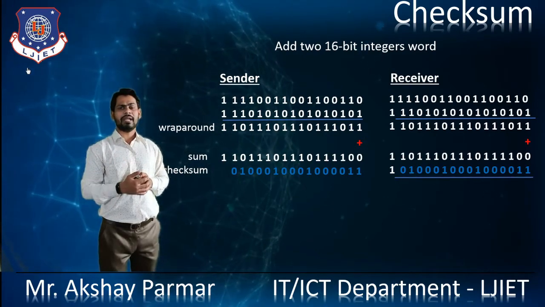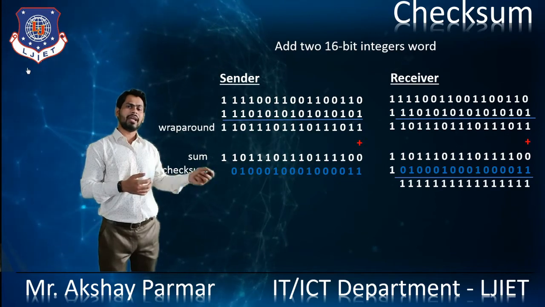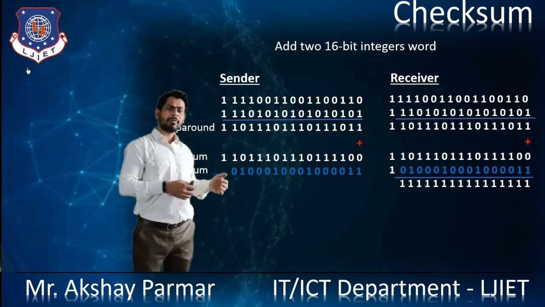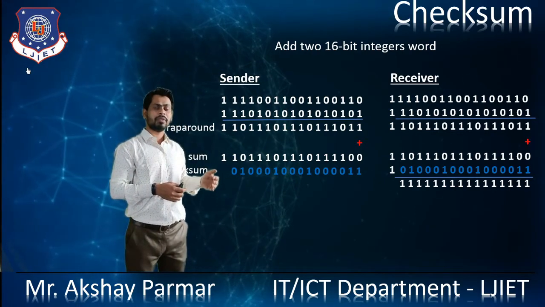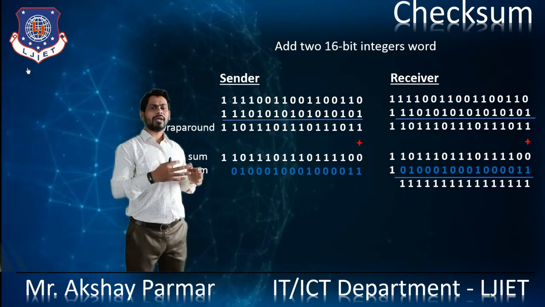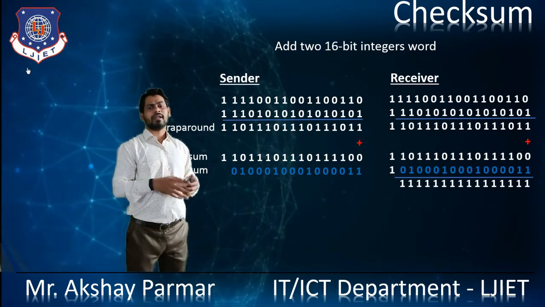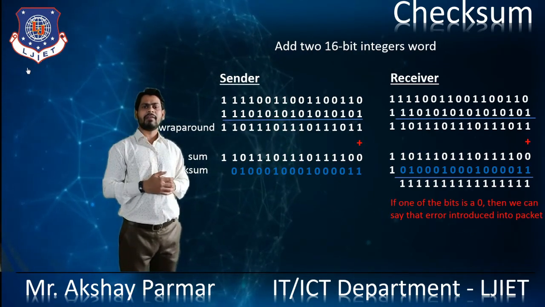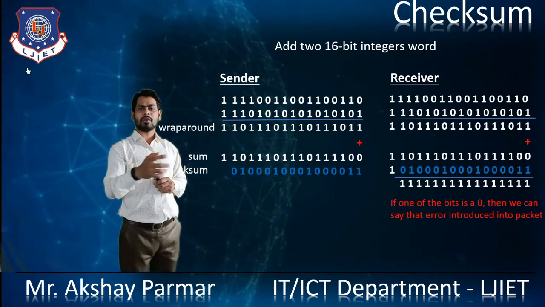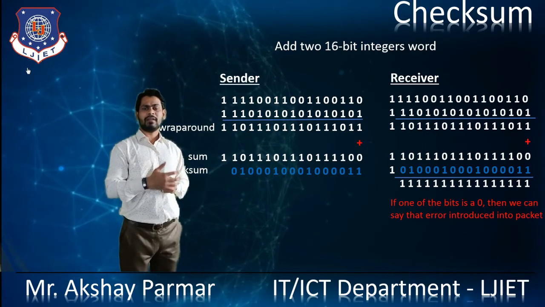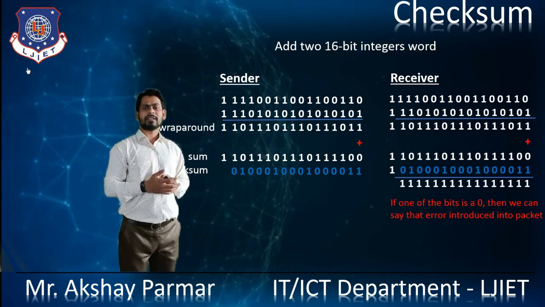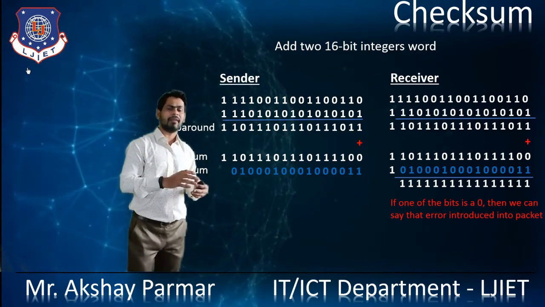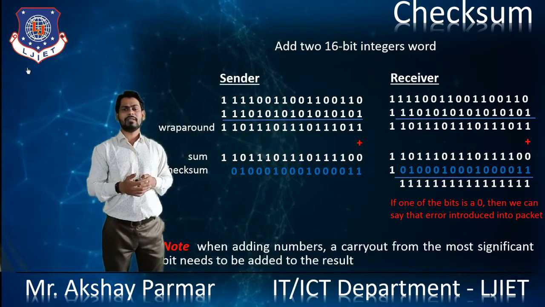We add the sum plus checksum: 0 plus 1 is 1, 1 plus 0 plus 0 is 1, 1 plus 0 is 1, and that's how we get the whole sequence of ones, so we can ensure there is no error. If one of the bits is 0, then an error has been introduced into the packet. But in our case no 0 is there, so the data sent by the sender was received successfully at the receiver end.